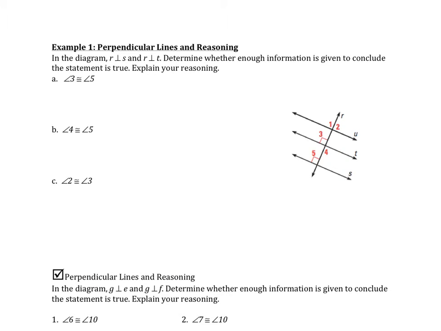So we're going to look at the diagram. We're told that line R is perpendicular to S, and R is perpendicular to T. We're going to determine whether there's enough information given to conclude that the statement is true. Let's look at the first one. We have 3 congruent to 5. So there's 3 and there's 5.